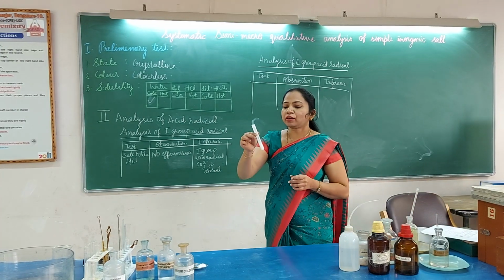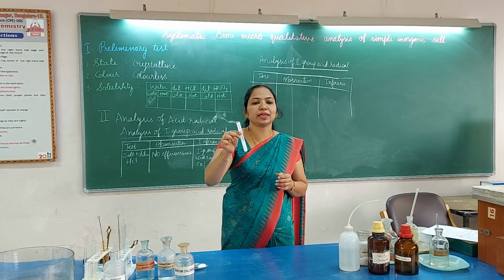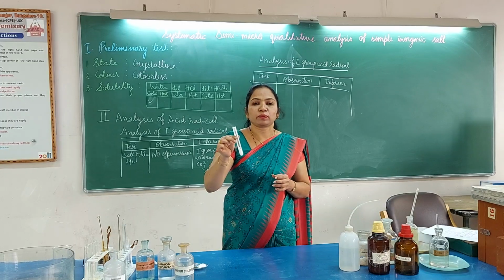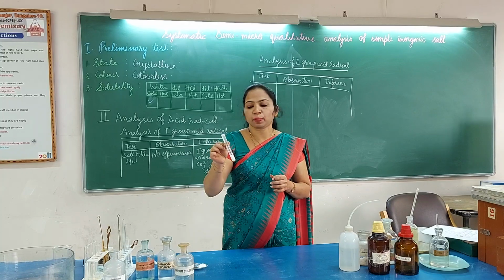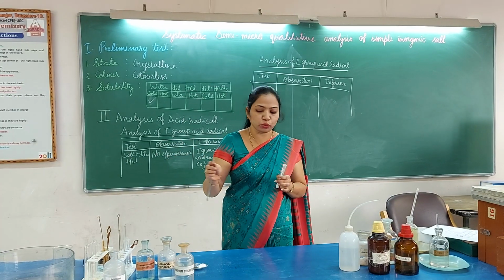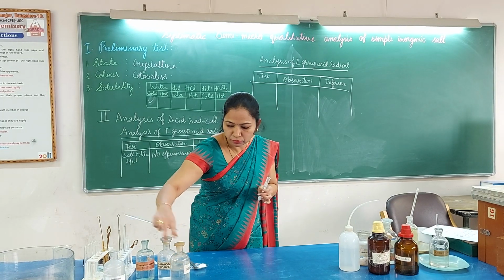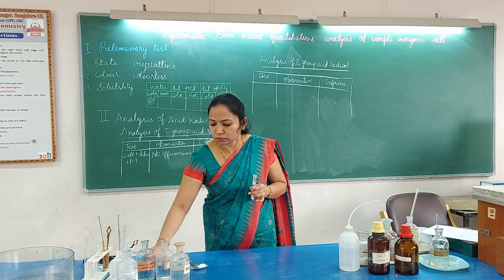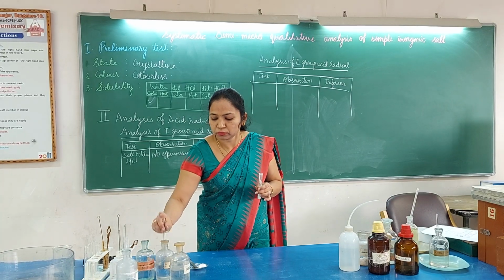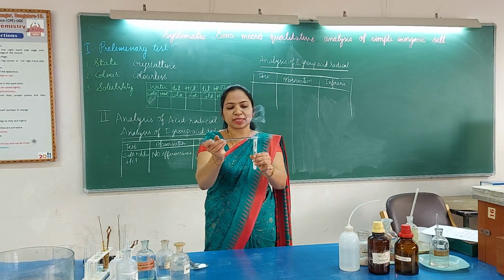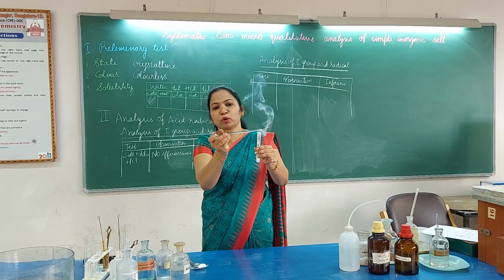See, when I added concentrated H2SO4, you can see dense fine fumes evolved, which are pungent in nature. So this indicates the presence of chloride. When you dip a glass rod in ammonium hydroxide solution and hold it to the mouth of the test tube, you can see dense white fumes evolving.